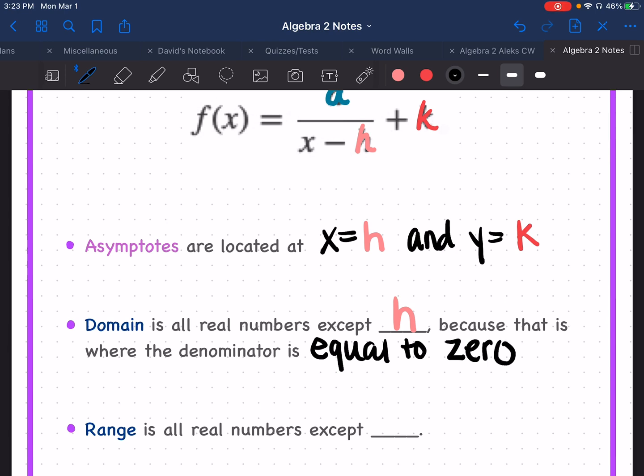And remember, you just cannot divide by 0. So any number here that would make this denominator equal 0, like 2 minus 2, then you would say that your domain is not that number. Okay? Your range is going to be all of your real numbers except for whatever k is.